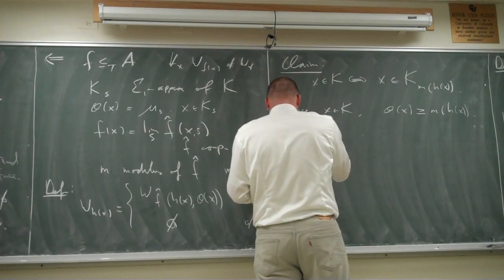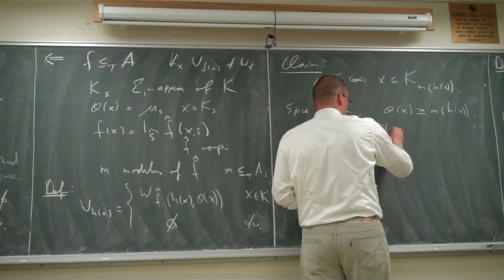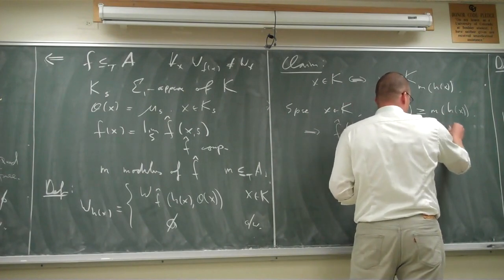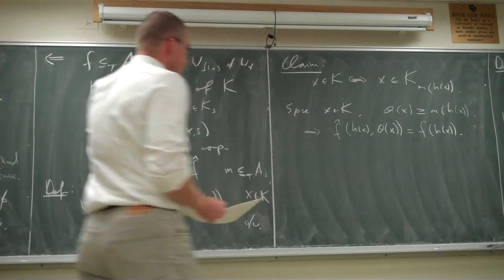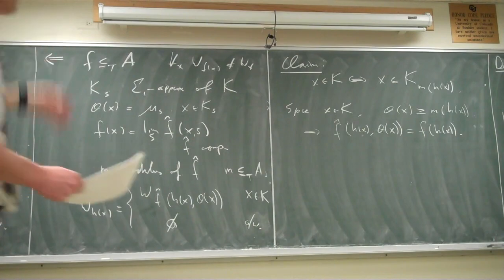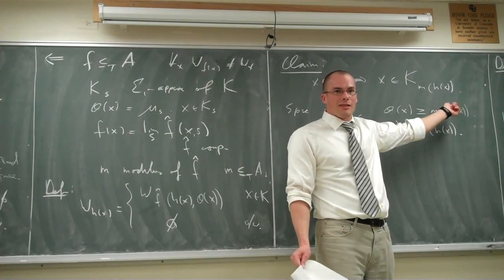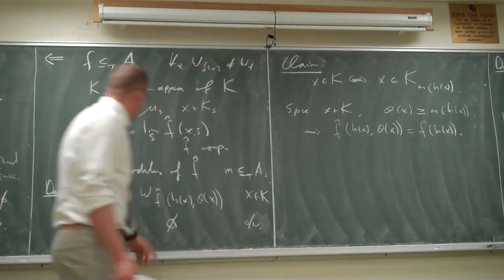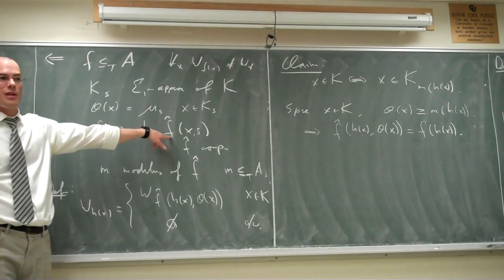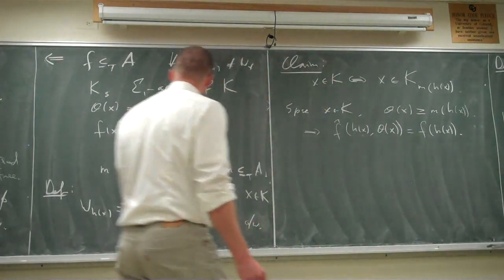Then f hat(h(x), theta(x)) is equal to f(h(x)). Well, obviously, because m of some input value is exactly how far out you have to go before this limit has settled down. The m was the modulus of this limit computation, so m exactly indicates how far you have to go. So if theta is bigger, then you have reached the final value already.